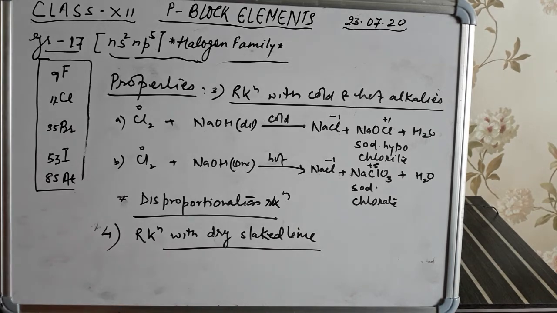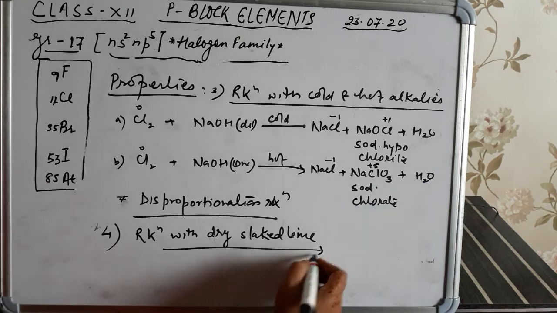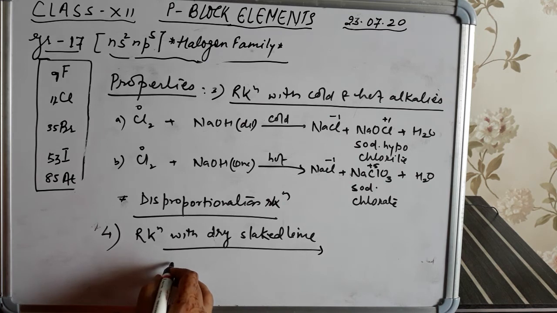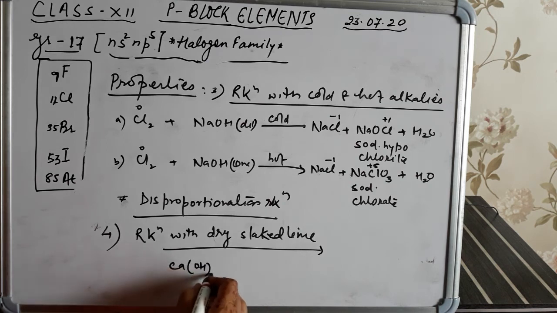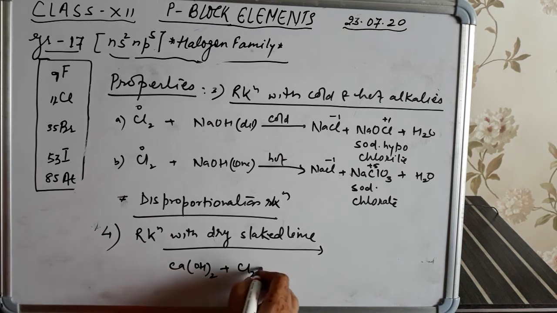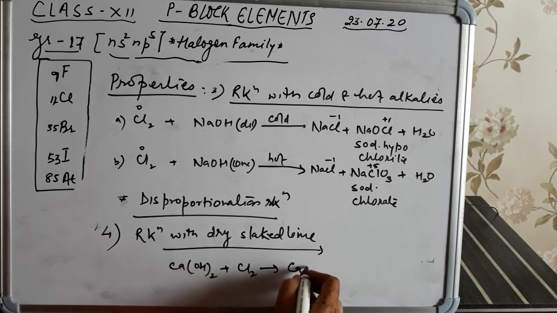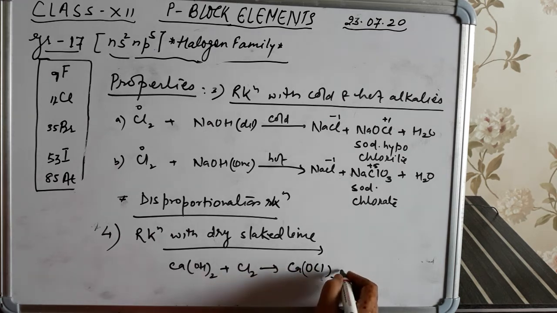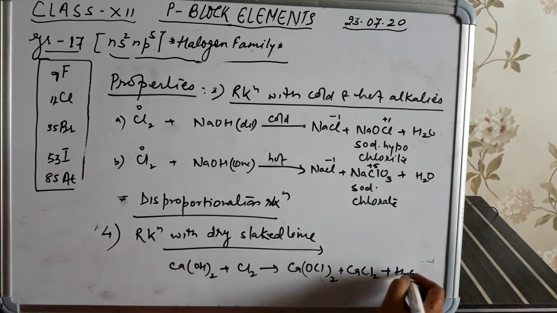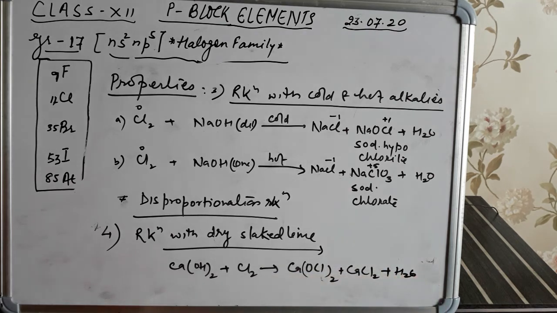Everybody knows the reaction of bleaching powder, how bleaching powder is prepared. So students, dry slaked lime, calcium hydroxide, when treated with chlorine forms calcium oxychloride, calcium chloride and water. So balance this equation also.